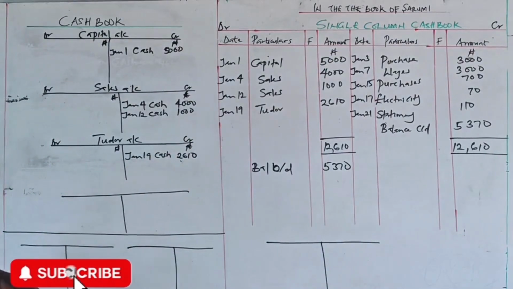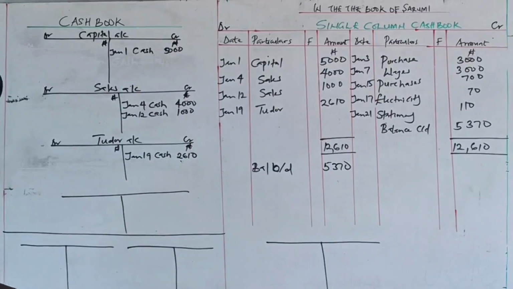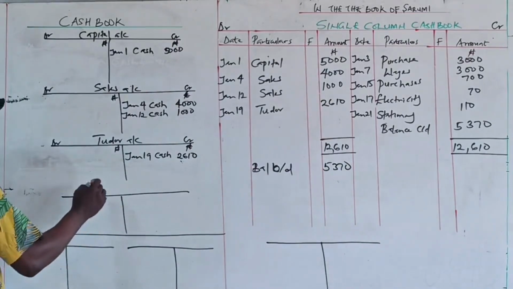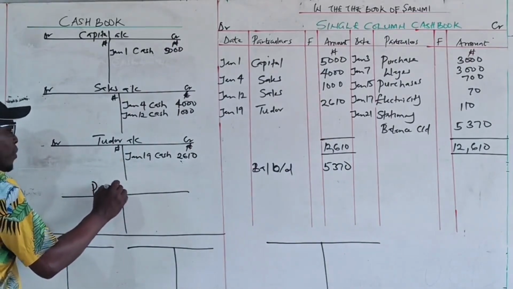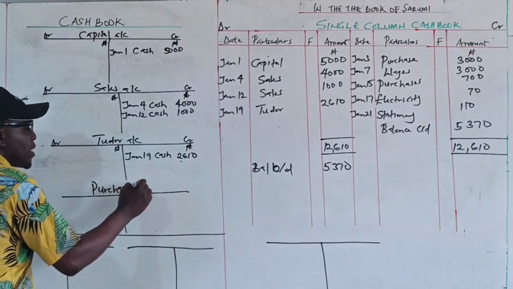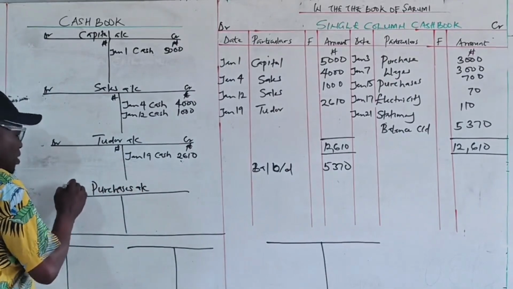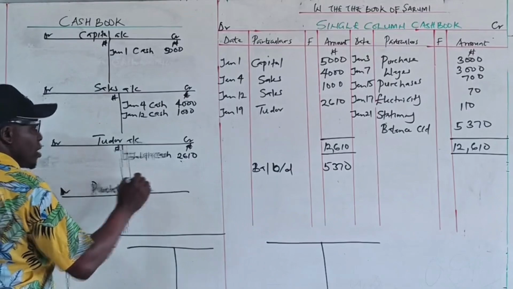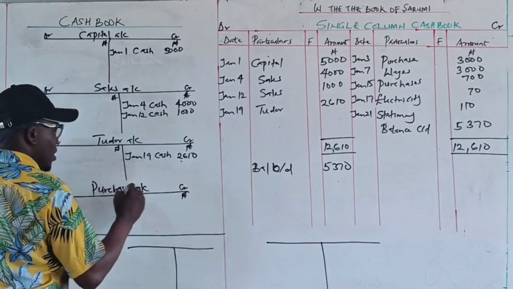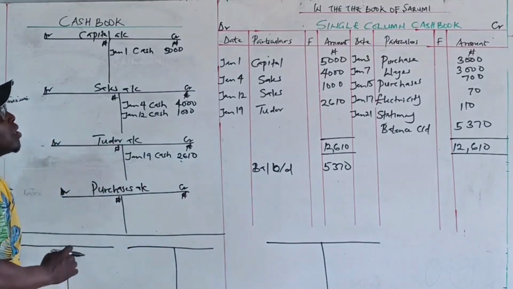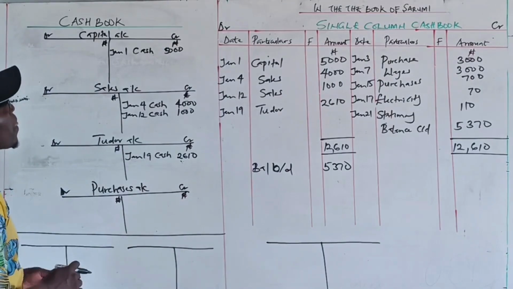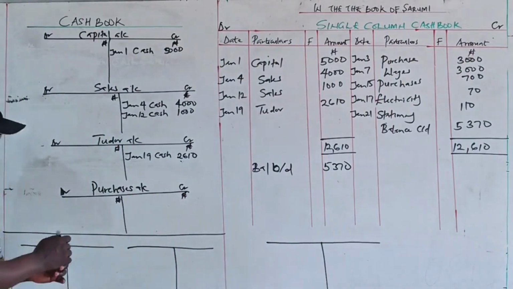And the next one is my purchases account. So for purchases account, I have January 3rd.